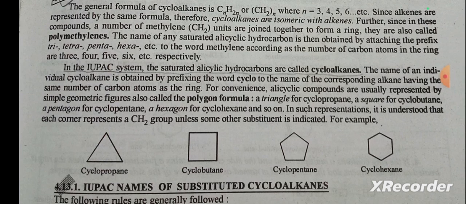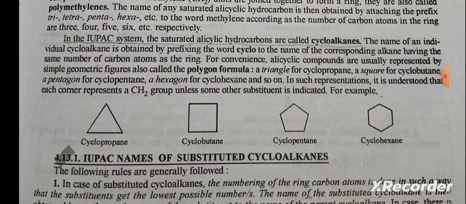The name of any saturated alicyclic hydrocarbon is then obtained by attaching the prefix tri, tetra, penta, hexa, etc. to the word methylene according to the number of carbon atoms in the ring, which are 3, 4, 5, 6 respectively.